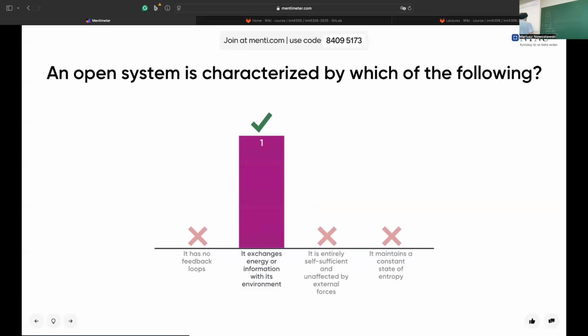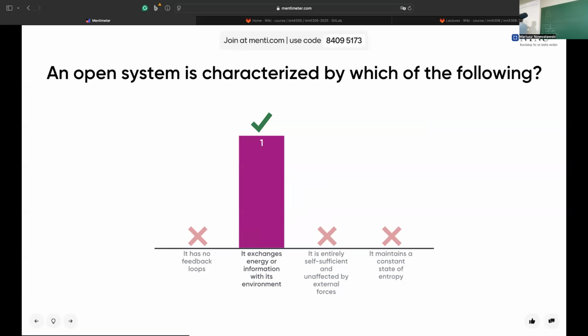Perfect. An open system means there is some sort of exchange of information or entropy or heat or energy. There is some form of exchange between the system and the outside world, right?